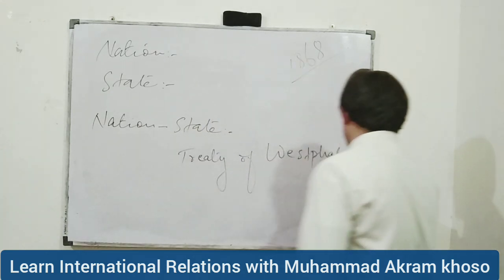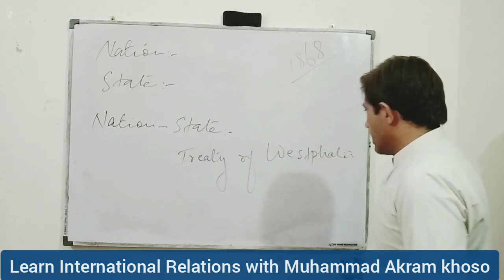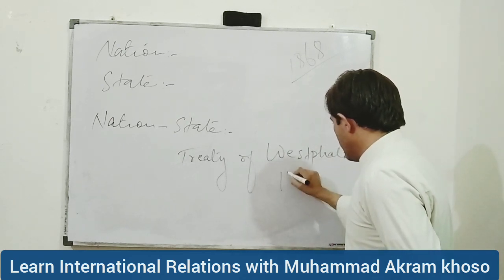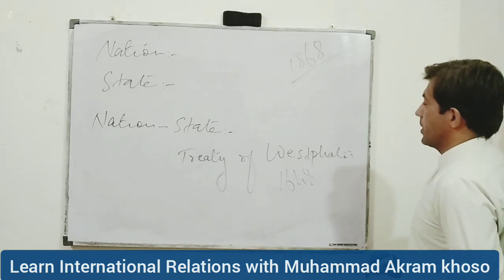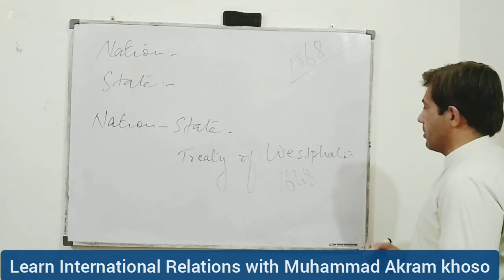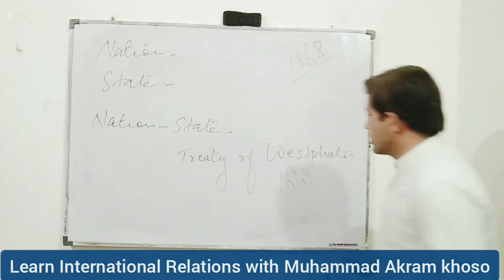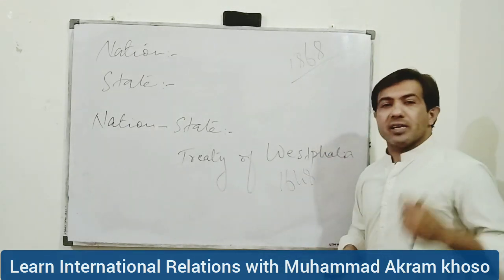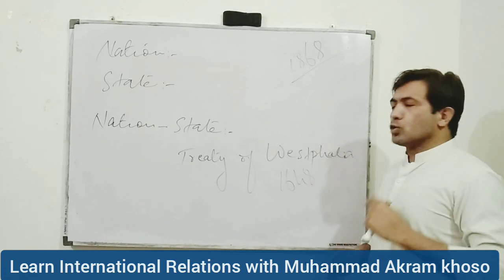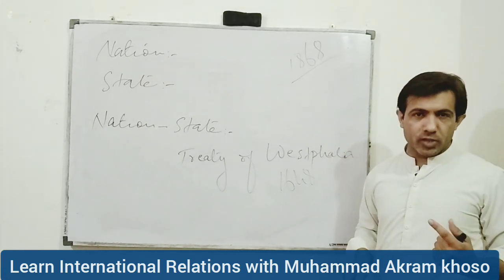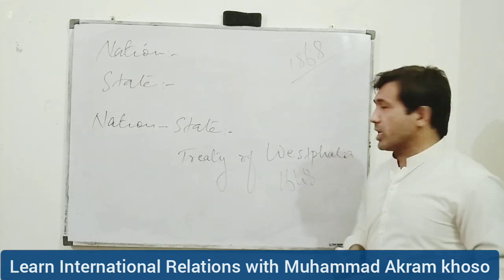In fact, the scope of international relations emerged from this treaty, when we got the concept of the nation-state system in the world community. What is the Treaty of Westphalia? There was a religious war in European countries between two famous sects of the Christian community, Catholics and Protestants.